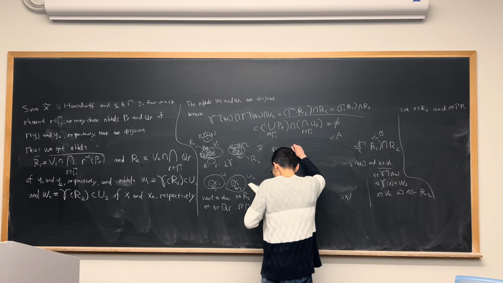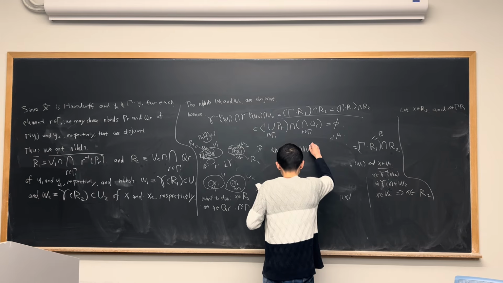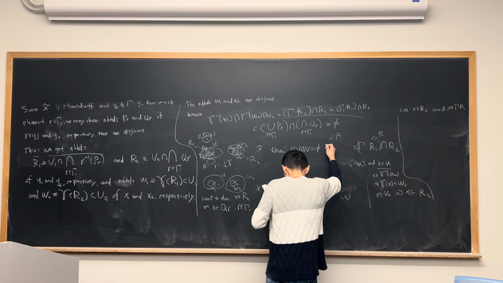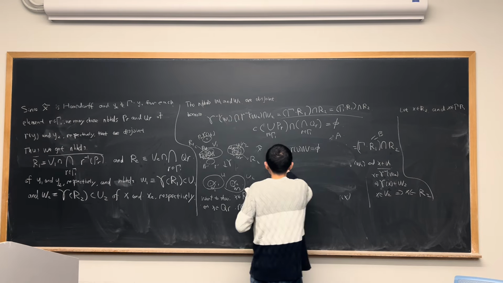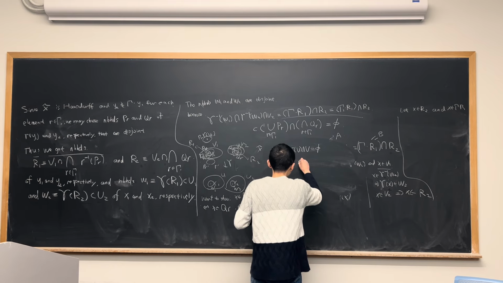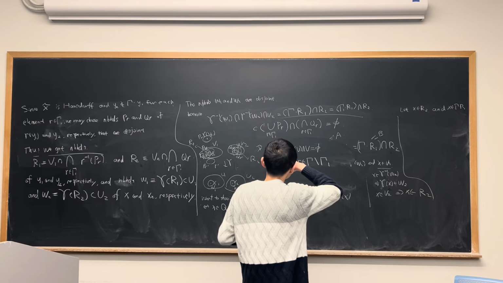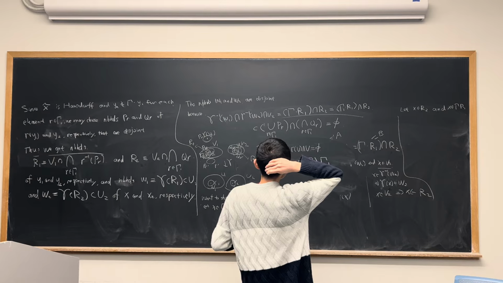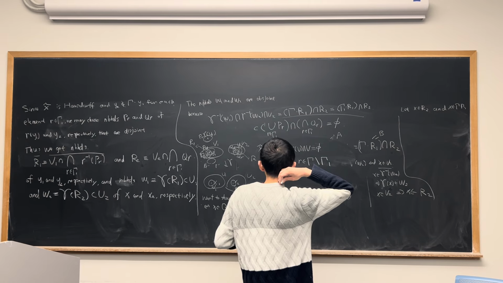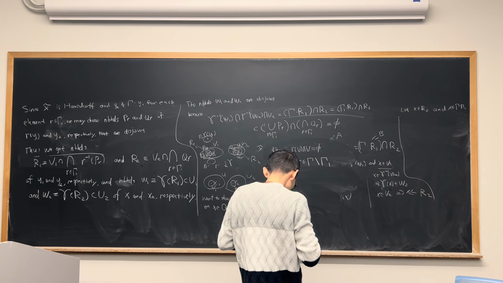Okay, so we know that this R of V intersect V is empty for each element R in this gamma, take away gamma 1, right?